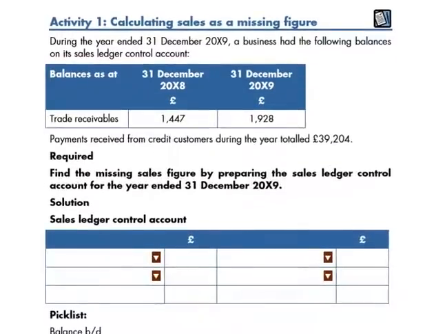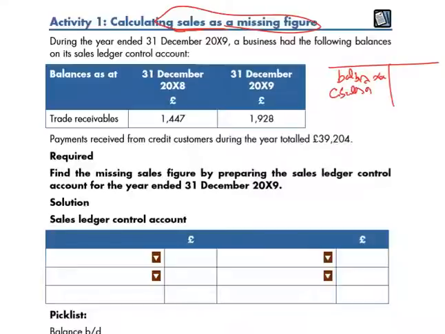Activity number 1, calculating sales as a missing figure. This time sales you're looking for as the missing figure. Sales means balance BD will be given, then credit sales is not given. It's question mark. Could be bank given, could be balance CD. Let's see what is given in the question. During the year ended 31st December 2019, a business had the following balances on its sales ledger control account.